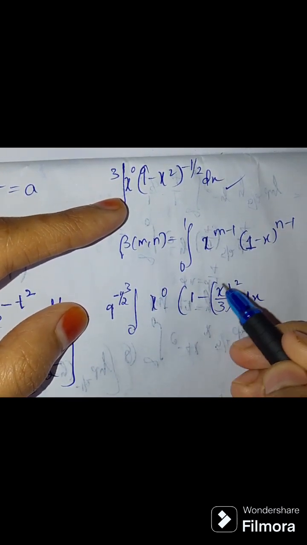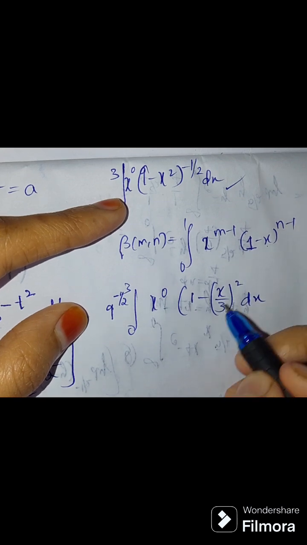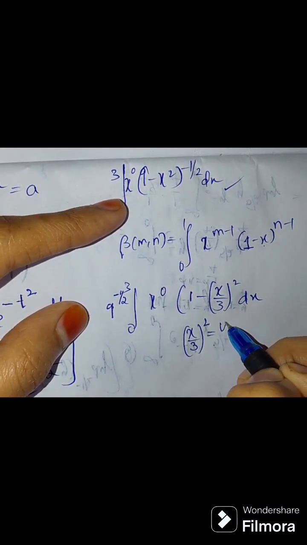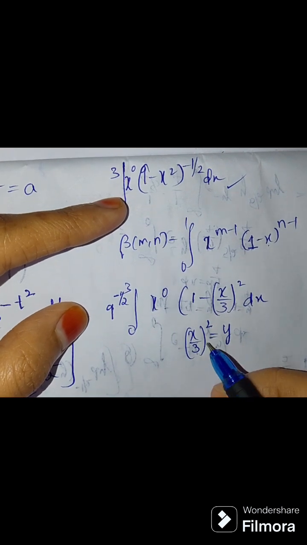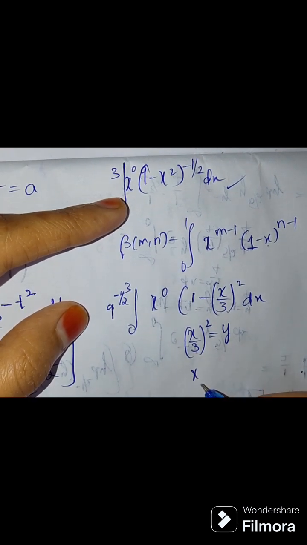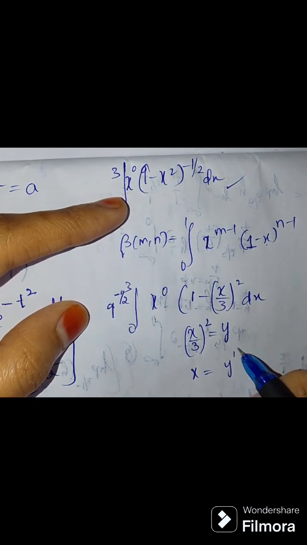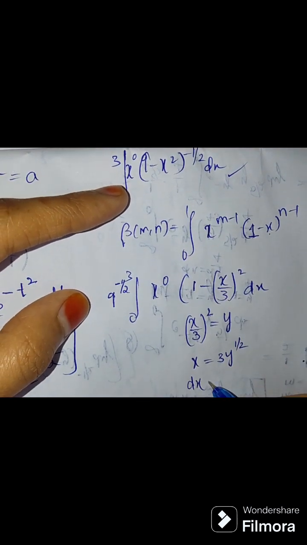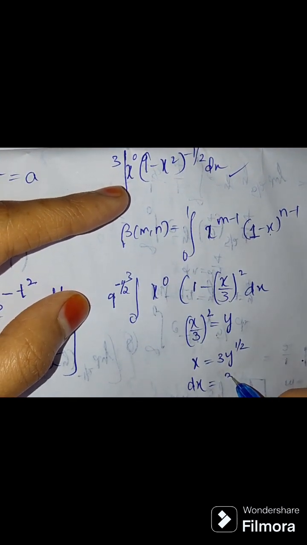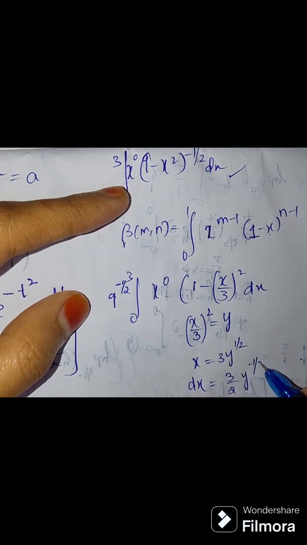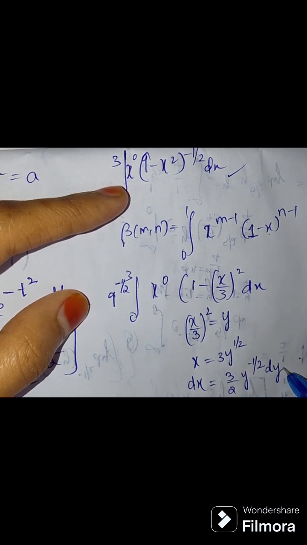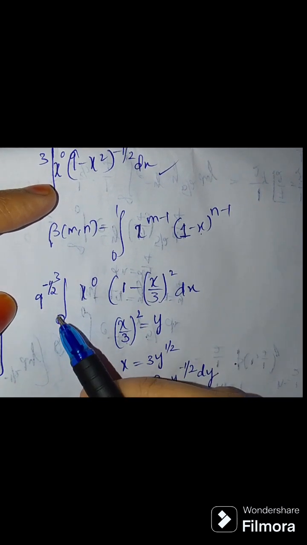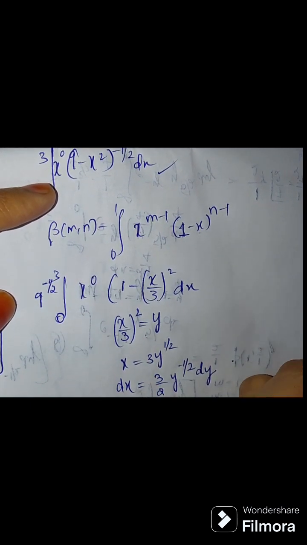Now I have x by 3, but I want only x, so I'll put x by 3 whole square as my y. So what will be my x? This will be y power 1 by 2 into 3. So dx will be 3 by 2 y power minus 1 by 2 dy. Now the limits will change. Putting x is 0, y will also be 0.